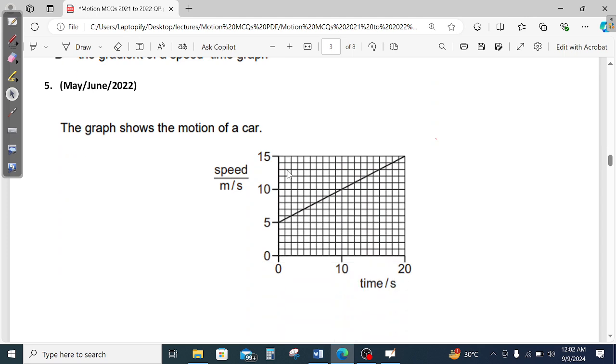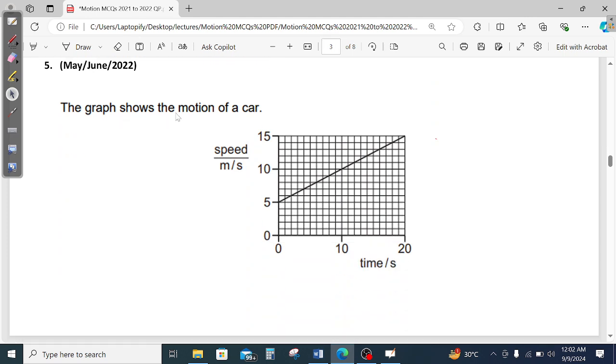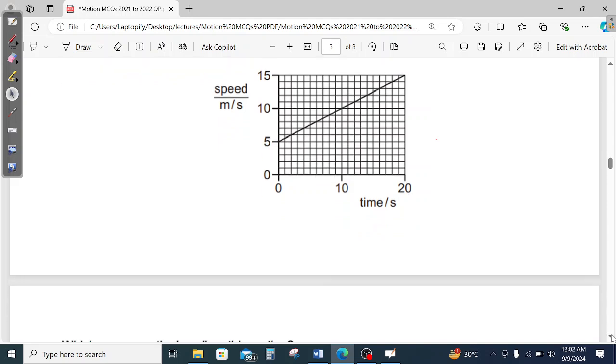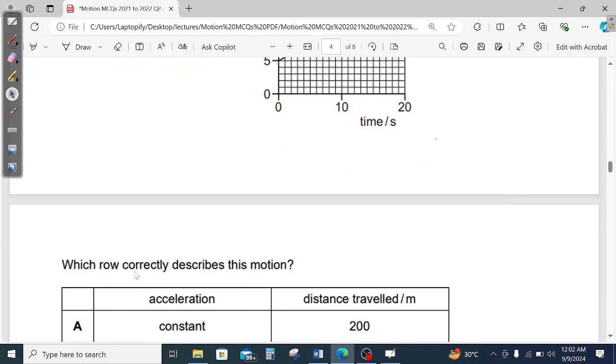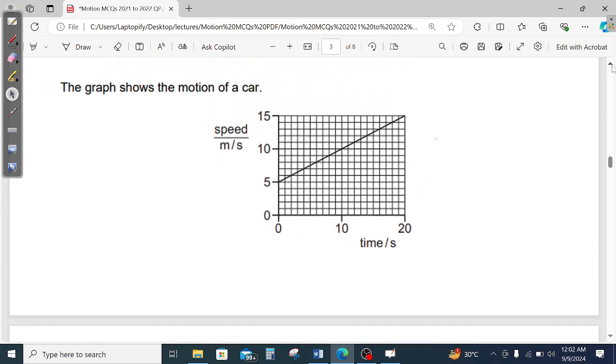Okay, next is the graph shows the motion of a car. This is the motion graph, and what you have to find is which row correctly describes this motion. First of all, look at the graph.